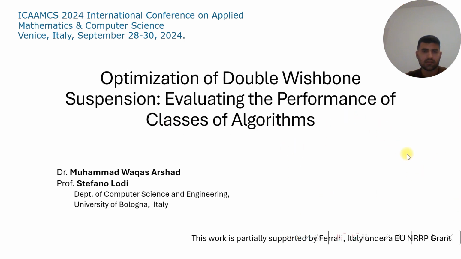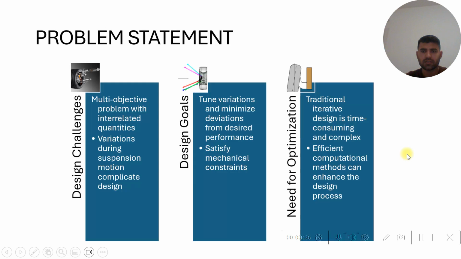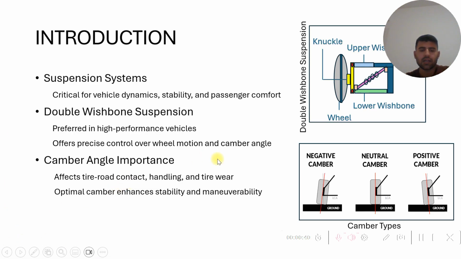So let's start with the introduction. Today I am discussing the vital role of suspension systems in vehicles. Suspension is crucial for enhancing vehicle dynamics, ensuring stability and improving passenger comfort.